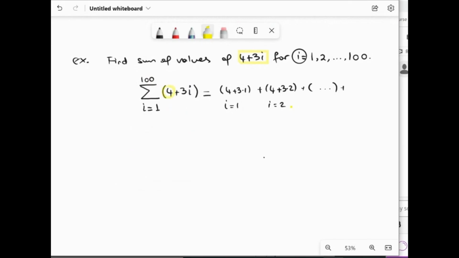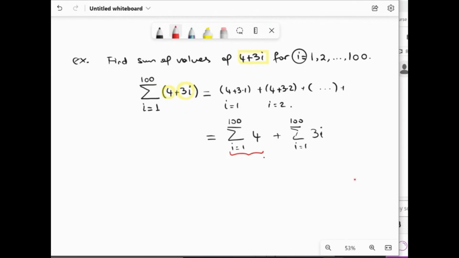So remember, if there are two things added, we can just split the summation into two parts. So we can say this is the sum of only 4s plus the sum of 3 times I.